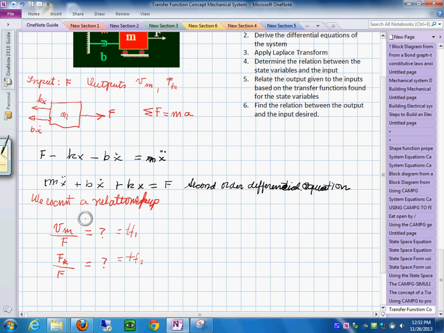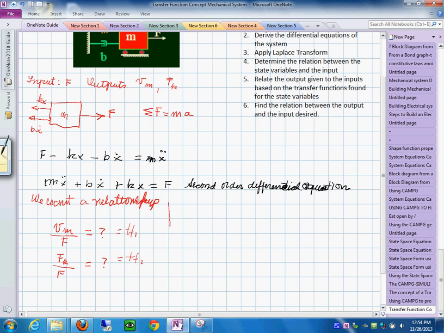So the relationship between the velocity of the mass to F is transfer function 1, and the relationship of the force acting on the spring is transfer function number 2.